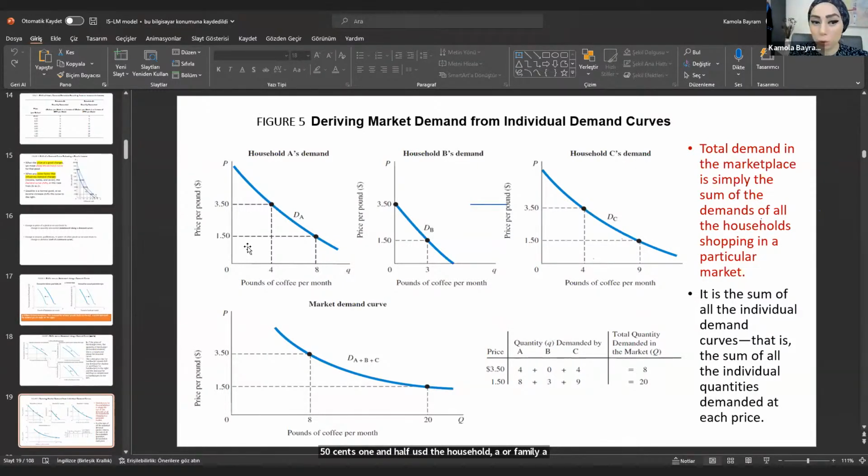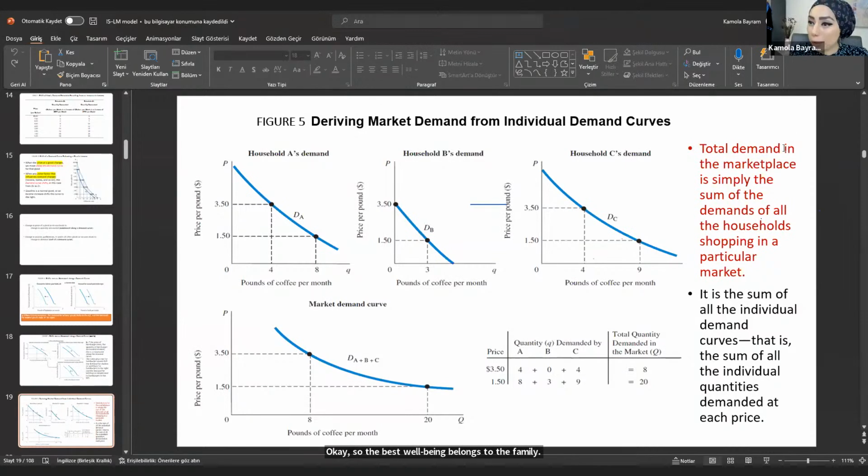So they can consume at this price 8 pounds of coffee. They can afford only this. Meanwhile, this family can consume 9 pounds of coffee. Okay, so the best well-being belongs to family C. Meanwhile, the poorest one here is family B.